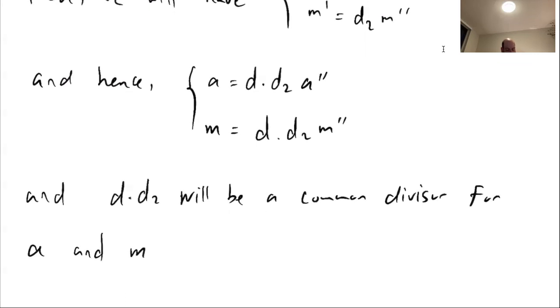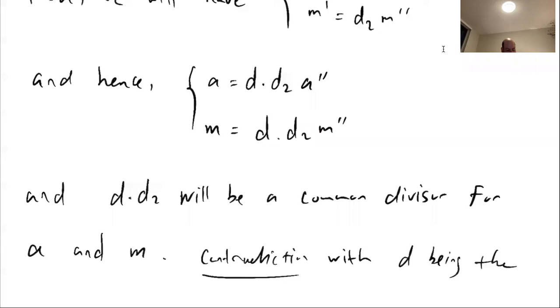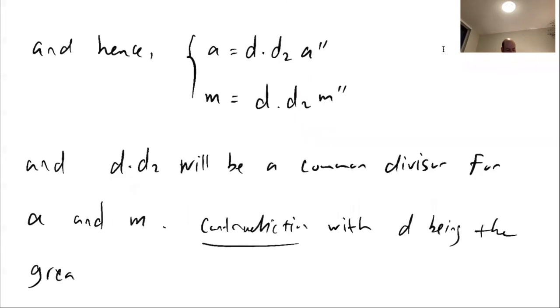Which is a contradiction with D being the greatest common divisor of A and M.